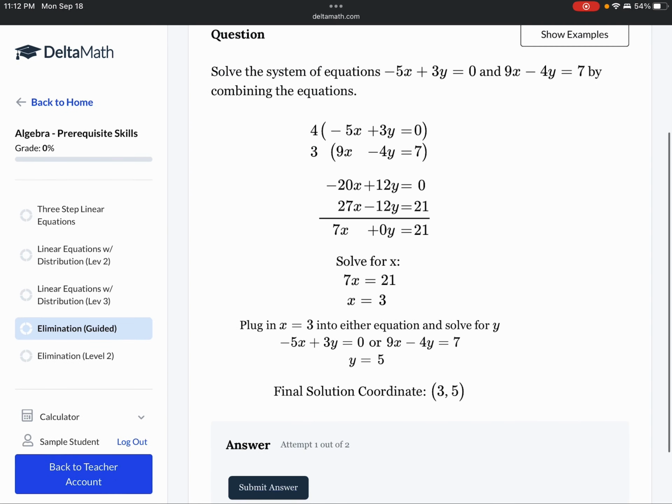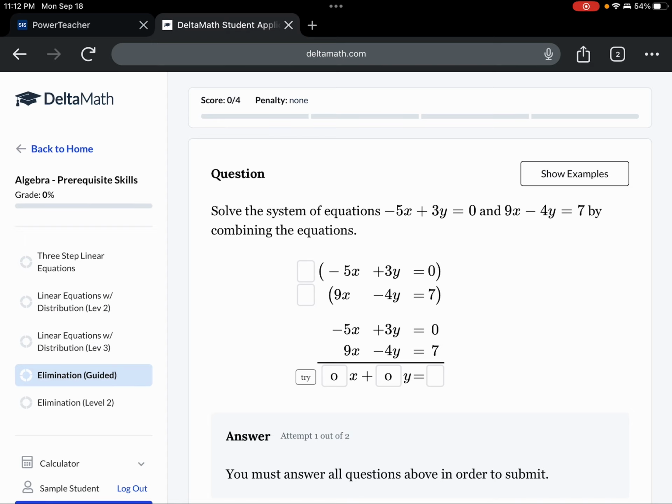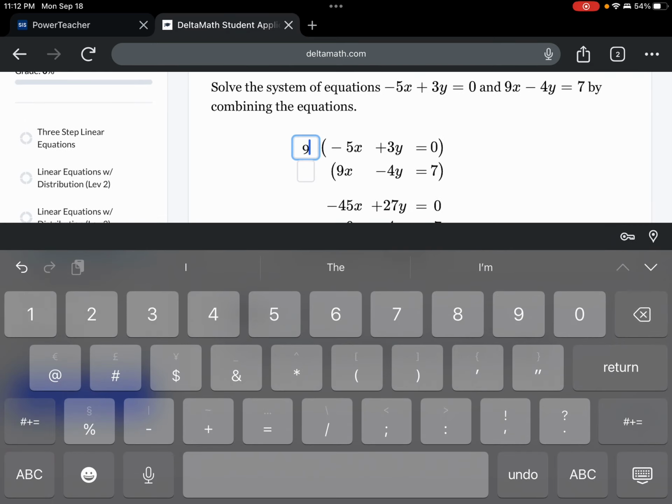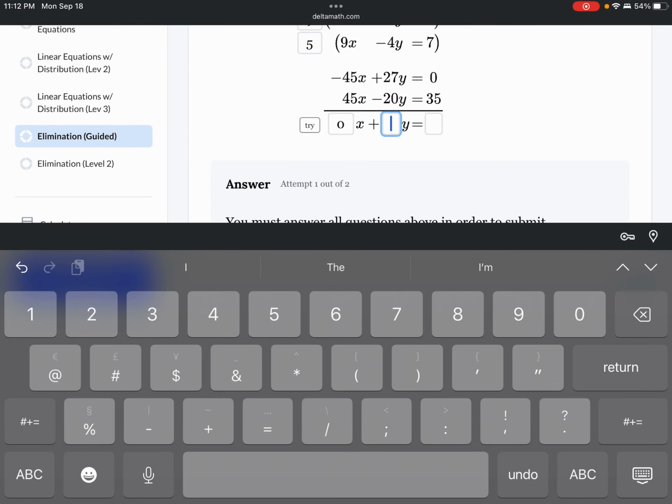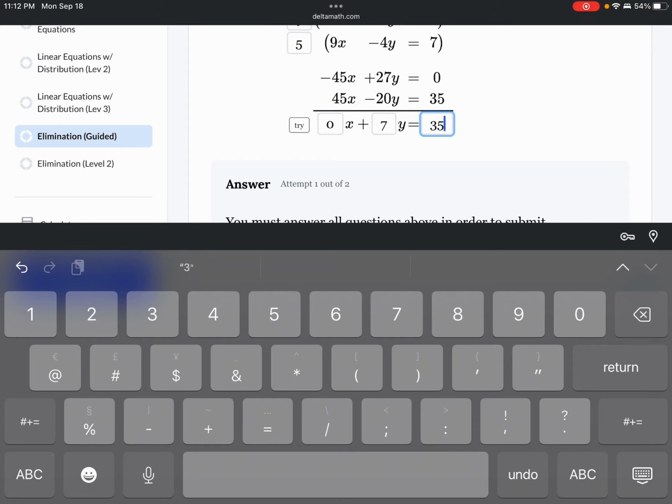So again, I just wanted to put out there what this kind of question was asking you to do. It kind of allows you the freedom to play around with it on your own. In fact, can I just exit this question and say, I could have also chosen to get rid of my x's instead. There's my negative 45x plus 45x. You're going to notice some familiar numbers here. 27 minus 20 is 7. Now it's 35.